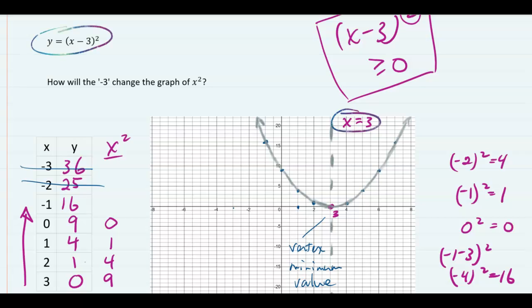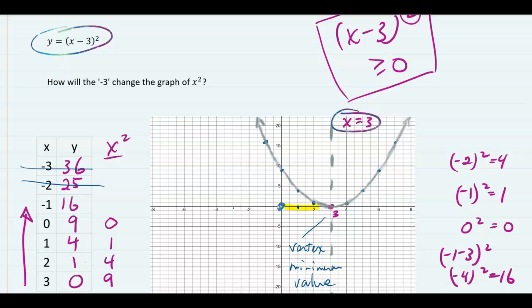Is it a coincidence that the axis of symmetry is x equals 3 and there's a minus 3 in this function? They're completely dependent upon each other, that they are connected, and we say that the vertex in this case moved from 0, 0. It moved to the right.